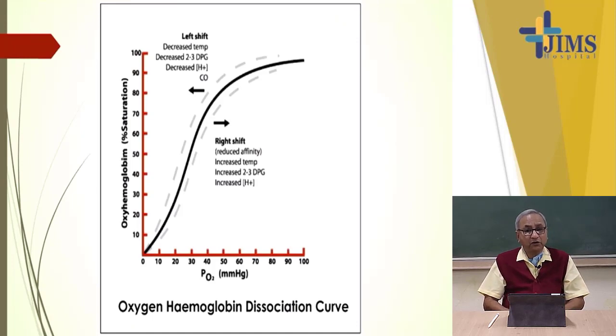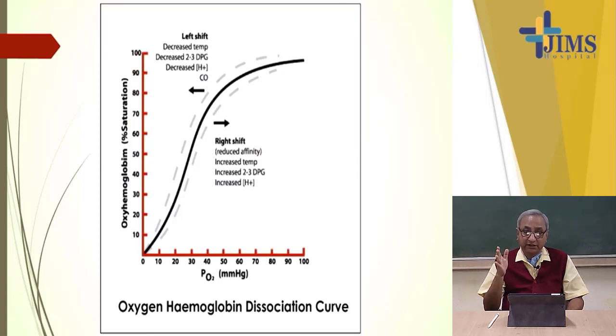We had been talking about shifts of the oxyhemoglobin curve. Hemoglobin contains a chemical called 2,3-DPG, 2,3-diphosphoglycerate.